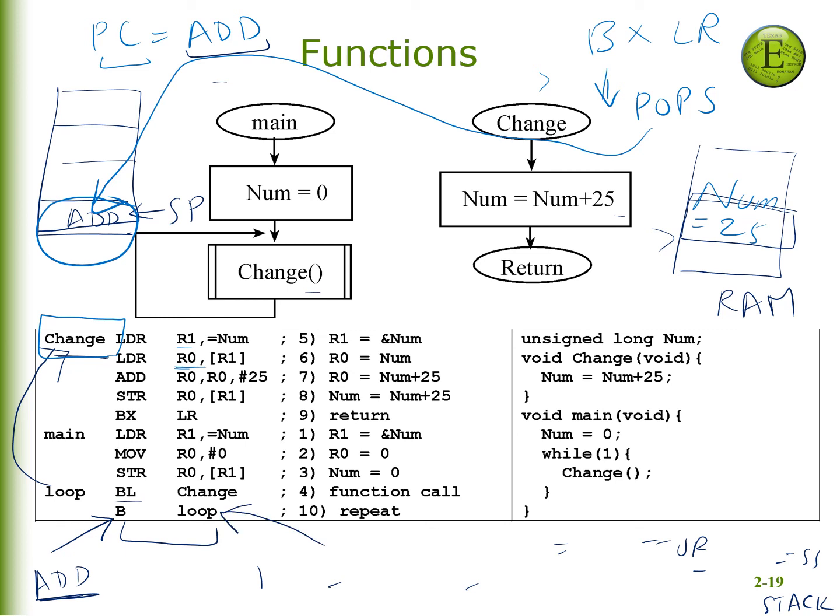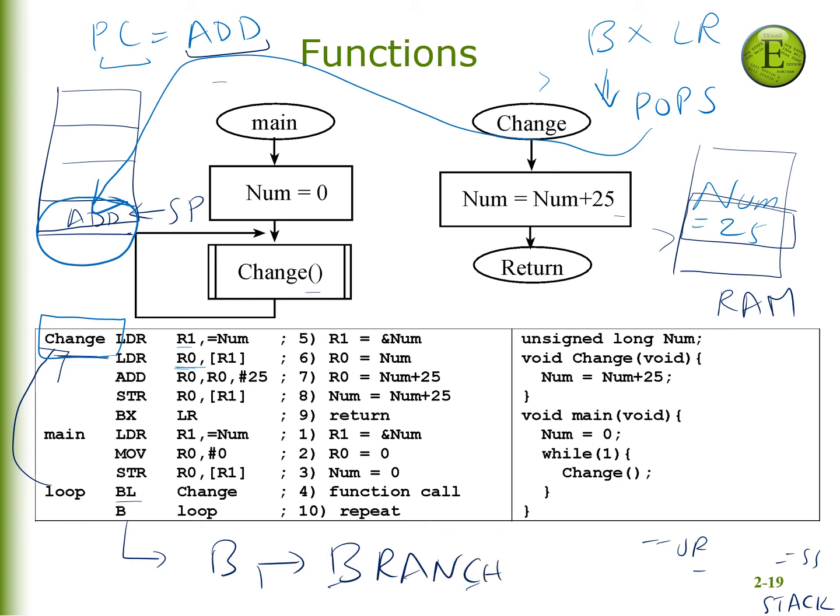So after executing the routine change, we have successfully returned to resume our program. And the next instruction is B loop. So B means just branch.